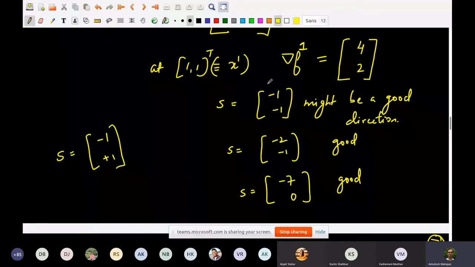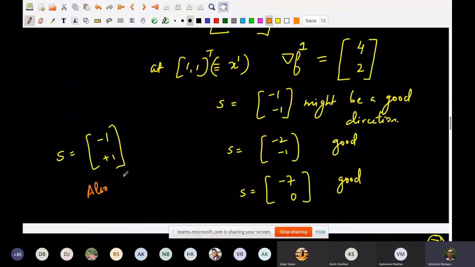Yes, because I would get a -4 epsilon sort of improvement and +2 epsilon of addition. So overall, it might be okay moving in this direction. So this is also good. These are all descent directions.